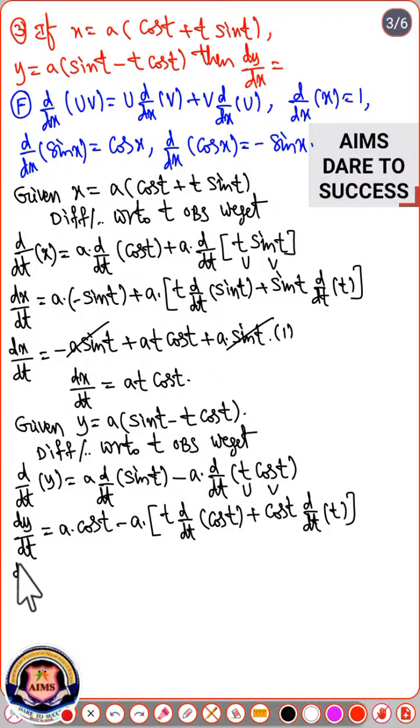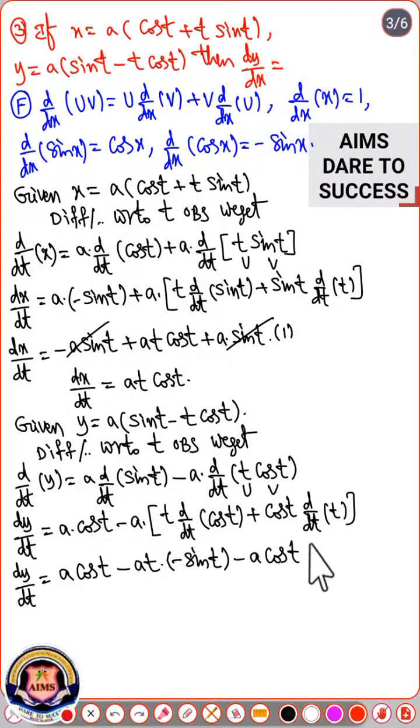So next dy by dt is equal to a into cos t, then keep minus a multiply inside, we get minus a into t into d by dt of cos t is minus sin t, after that minus a multiply inside, minus a into cos t into d by dt of t is 1.